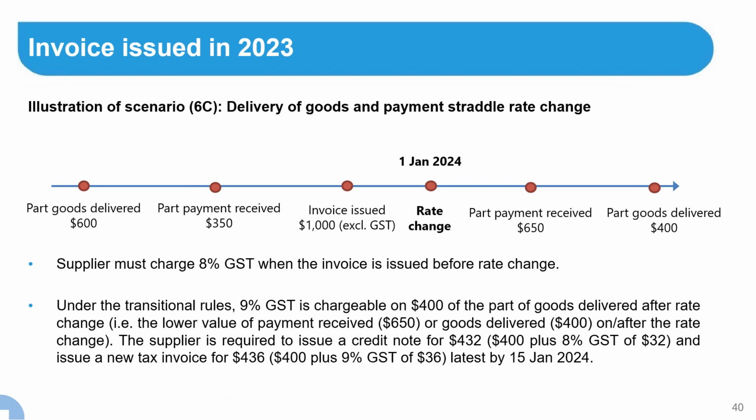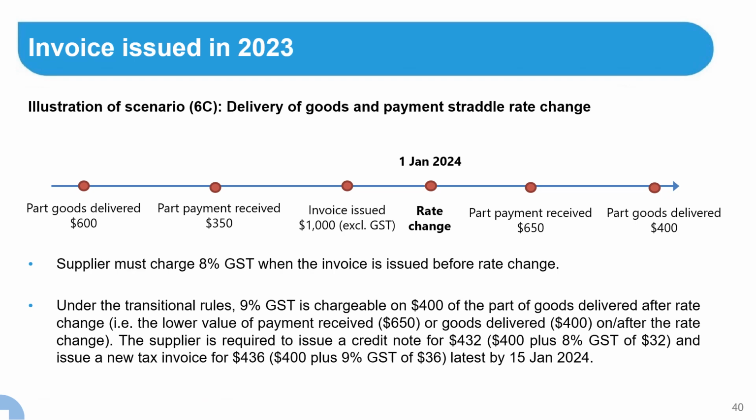Subsequent to the issuance of the invoice, the supplier only received part of the payment and delivered part of the goods before the rate change date. Under the transitional rules, 9% GST is chargeable on $400 of the part of the goods delivered after rate change, being the lower value of payments received or goods delivered after the rate change date.